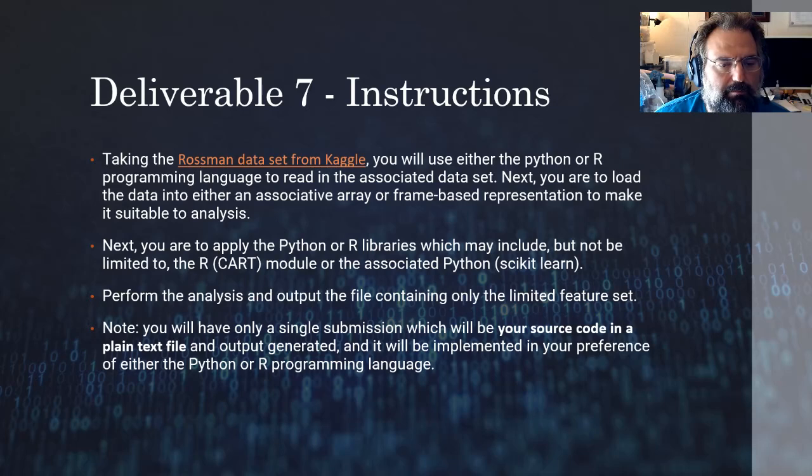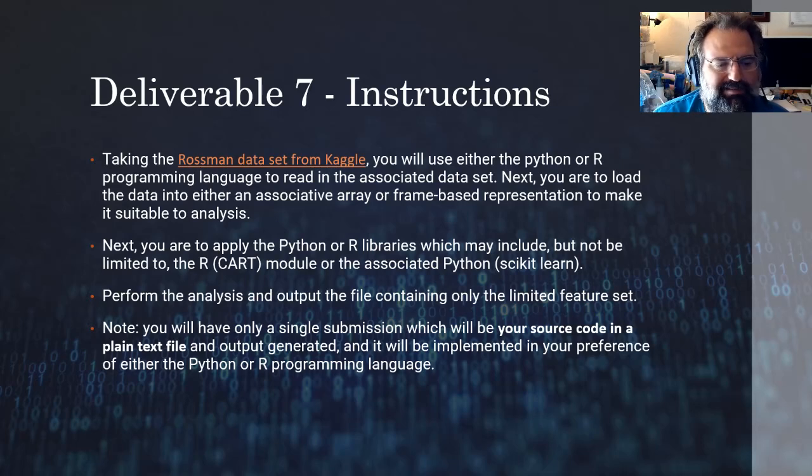So there's whichever model makes the most sense for you depending upon what language you're using, and then perform the analysis and output the file containing only the limited feature set. So you're doing something called feature analysis and feature importance analysis. So you're figuring out what stuff here really matters.